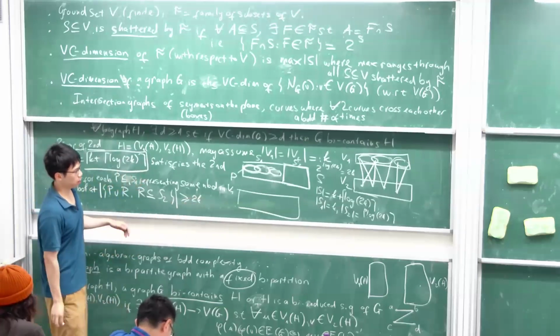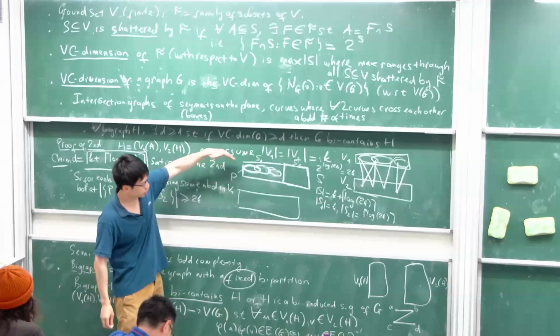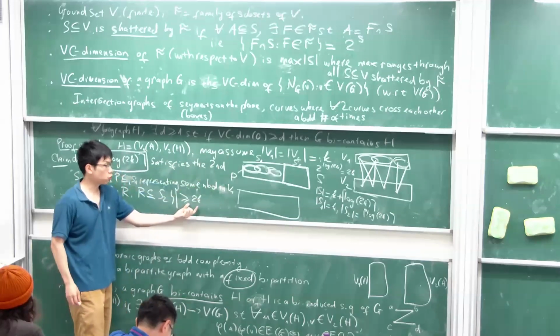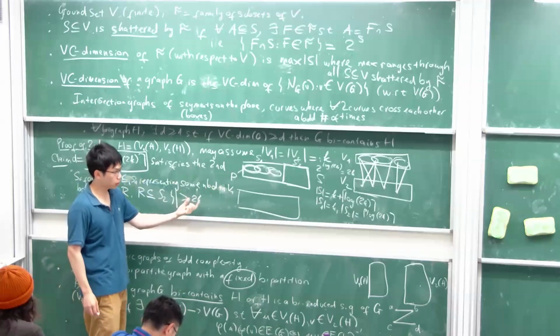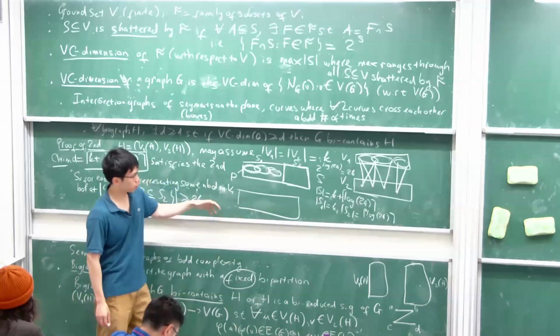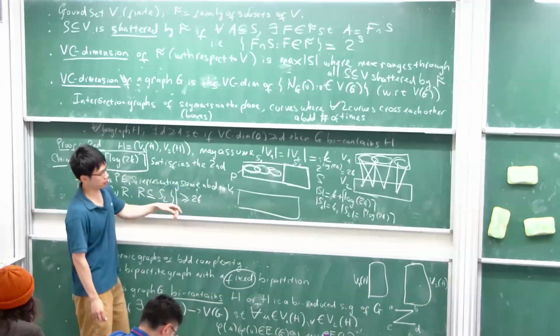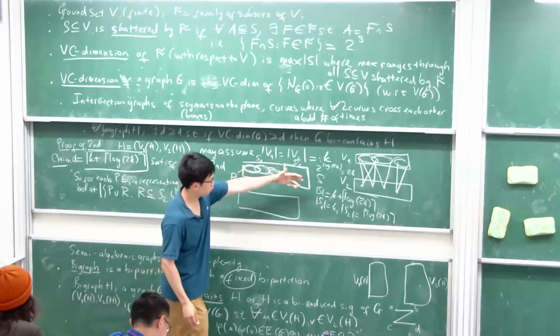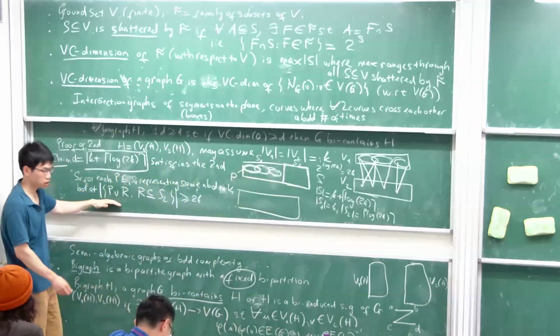Since this set S is shattered, I can find 2K distinct vertices in G whose neighborhoods have intersections with S exactly this family.